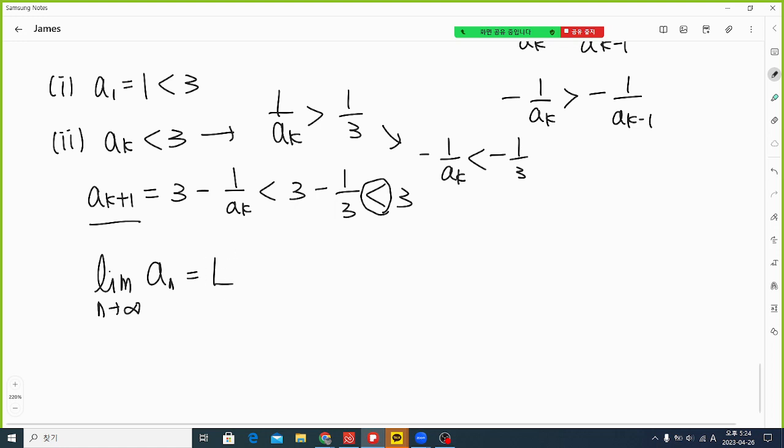Let's say the value is L, and in this case, the limit value of a n plus 1 is the same as the limit value of a n. When n goes to infinity, it doesn't matter if we take the nth term or the n plus first term.